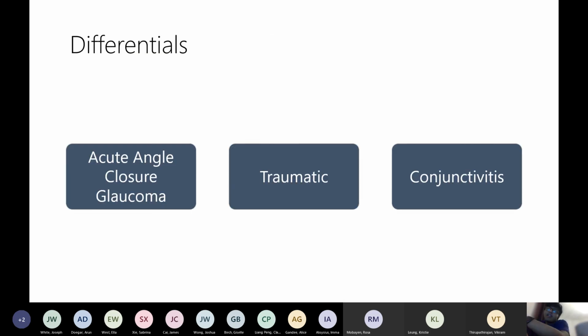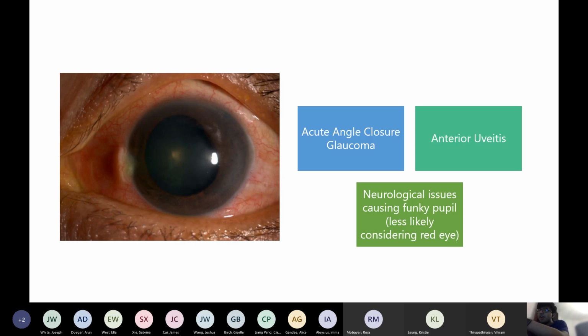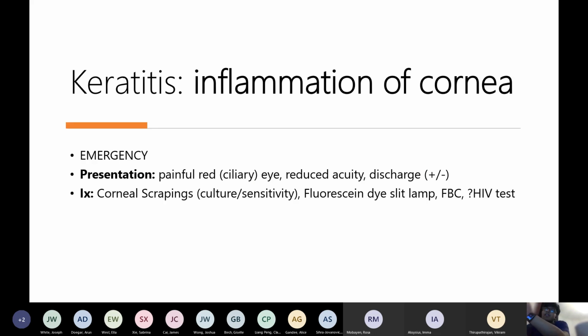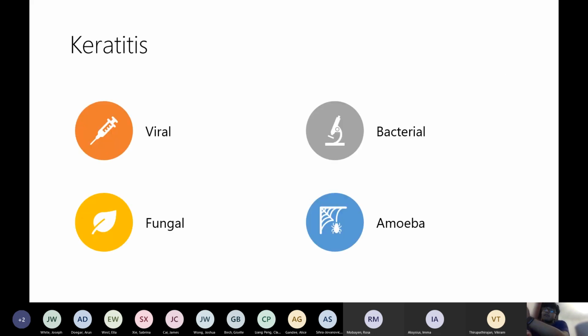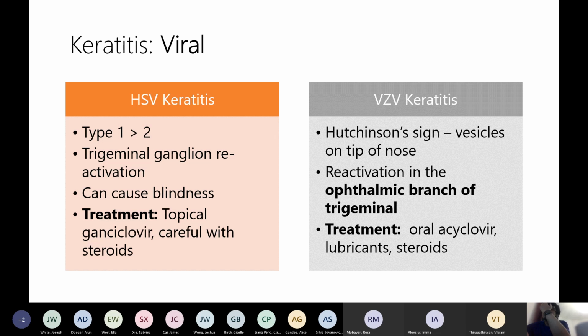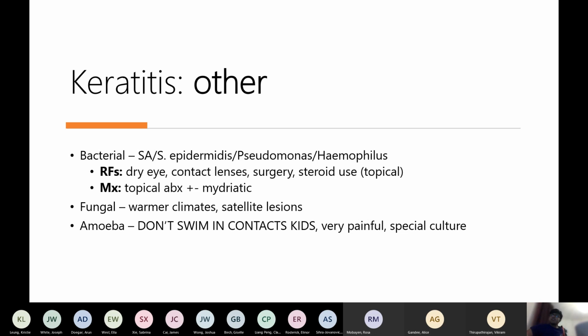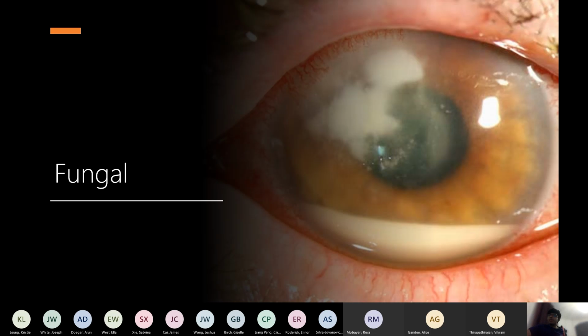So you can have episcleritis and scleritis, both of which are inflammation of the sclera or the layer between the sclera and the conjunctiva. And then the last thing was, arguably, the most important red eye cause that isn't acute and comes up a lot in exams, even though it's not that common in real life. It's not rare in real life either.